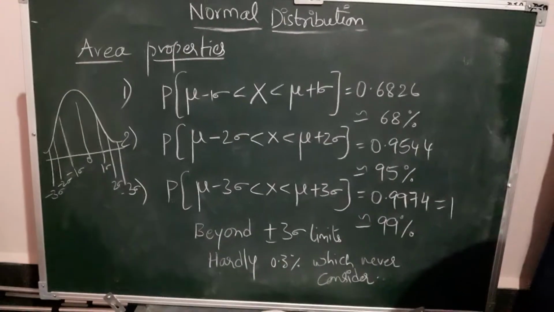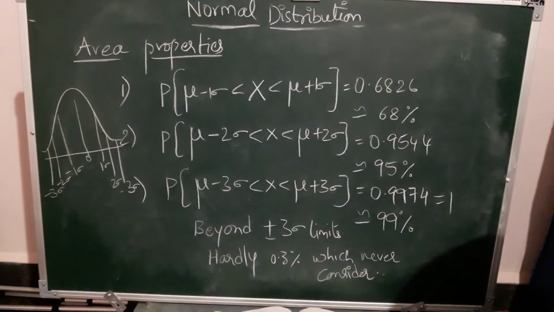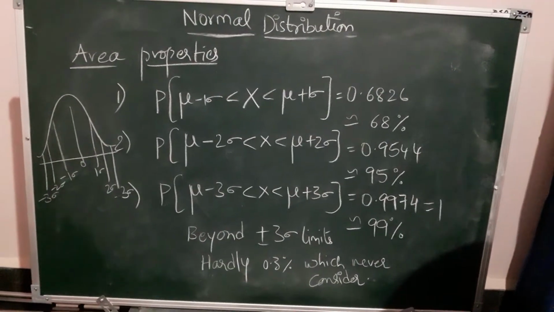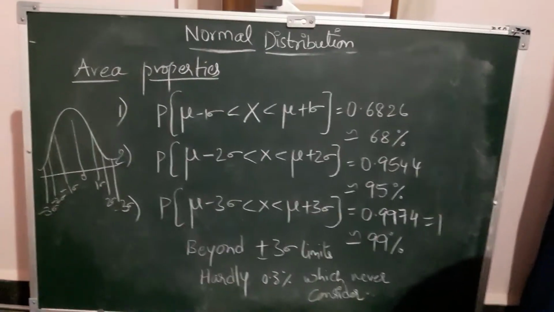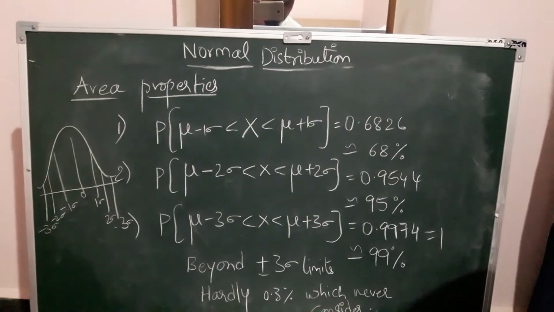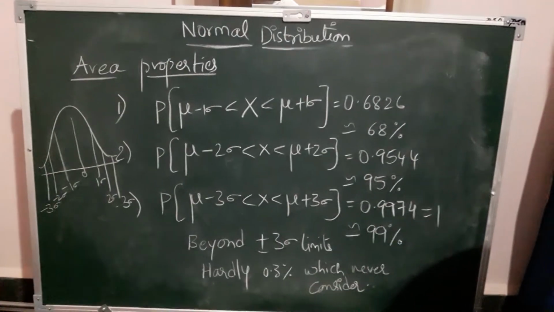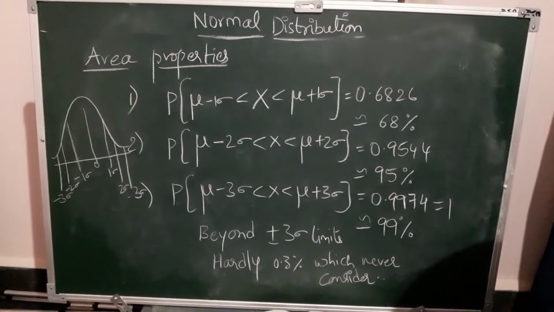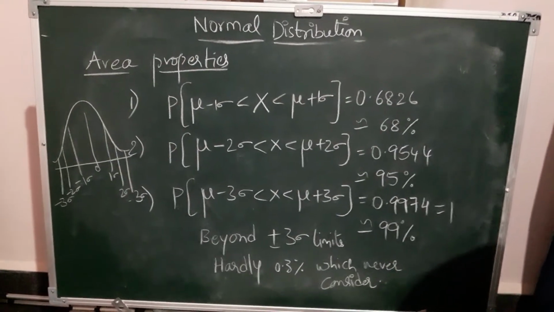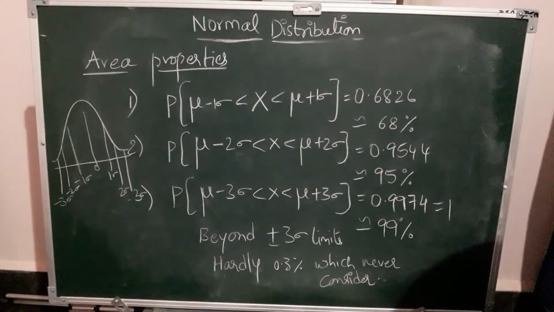Remember that one. The third property is that the distribution is a mesocurtic distribution, and it has only a single mode. That's why it is called unimodal. In a normal distribution we have a single mode, one mode.